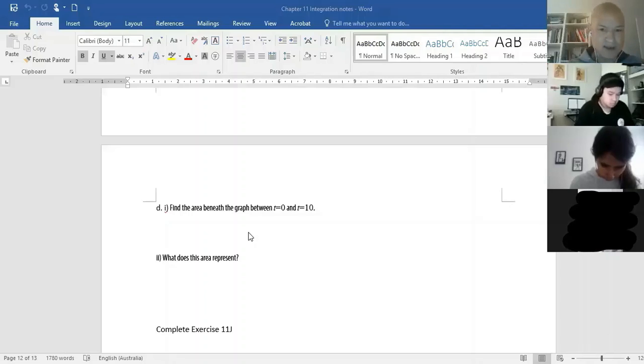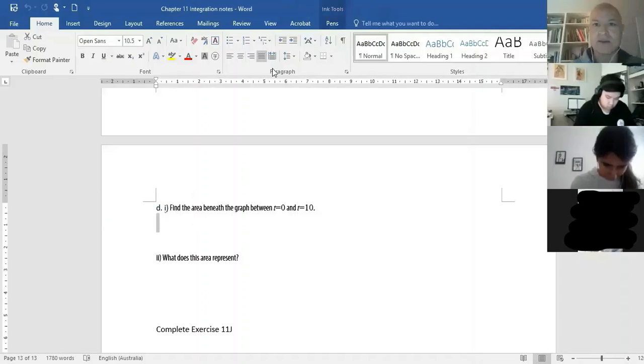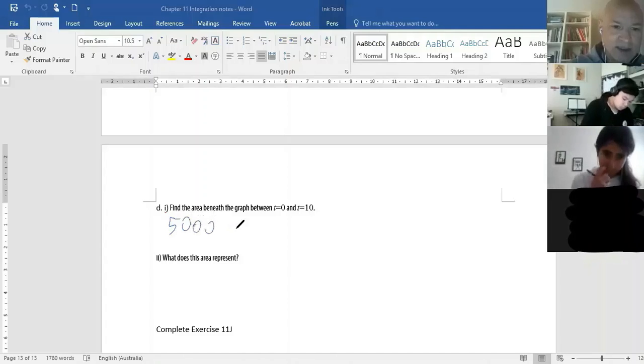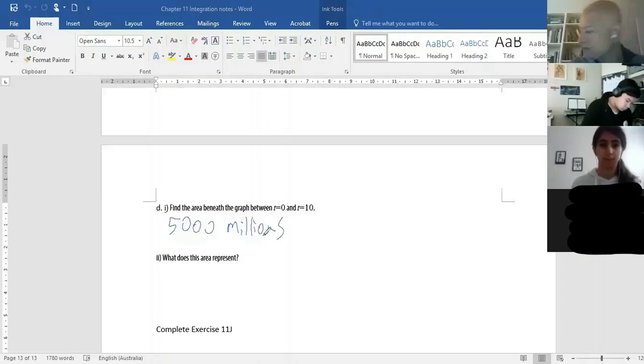So that's what I'm going to write down. $5,000. Of course, it is millions. I know that's in part D. So 5,000 is the area under the graph.